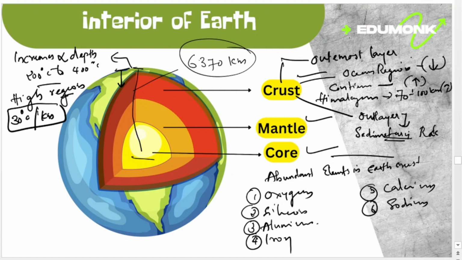These are the most abundant elements in our Earth's crust. The highest percentage is oxygen, 46.6%, followed by silicon around 27.7%, then aluminum around 8.1%, iron 5%, calcium 3.6%, and sodium just 2.8%. Then we are moving to our next layer, that is mantle.